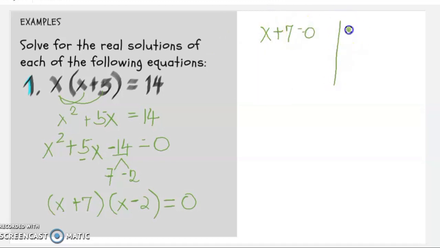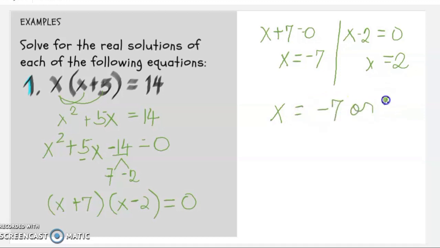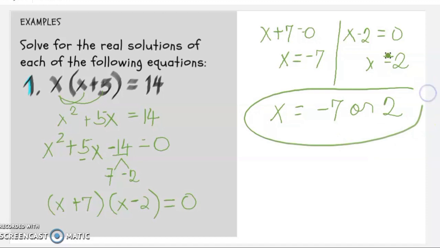The other one is x minus 2, sorry, let me repeat. x minus 2 equals 0. Then, we just transpose the constants to the other side. So, we have x is equal to negative 7 or x is equal to positive 2. So, the real solutions for this equation are negative 7 or positive 2.